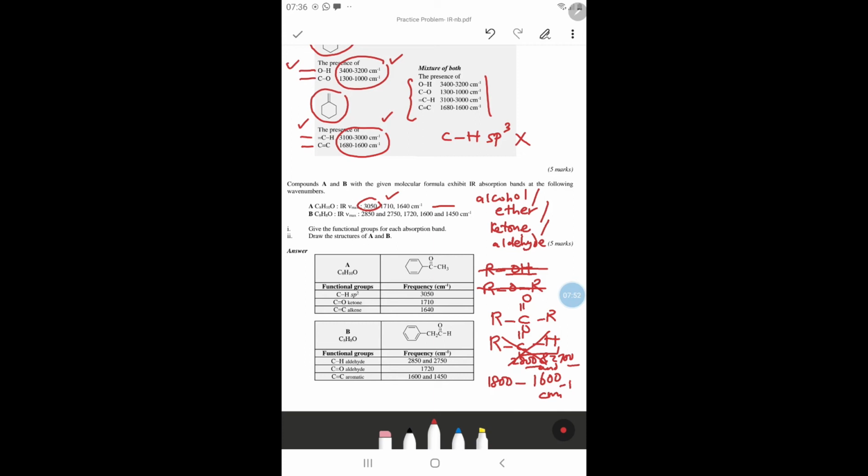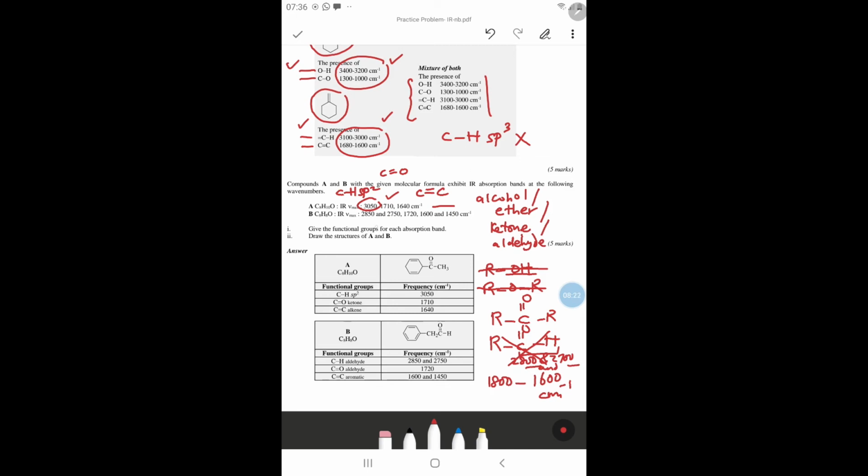Okay, so what is 1640? 1640 is normally for C double bond C. So you have all the information here. You have 1710 as a carbonyl. And when you have C double bond C, you must have the CH sp2. Okay, so this is how we answer this type of question.